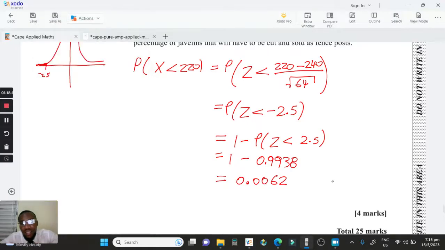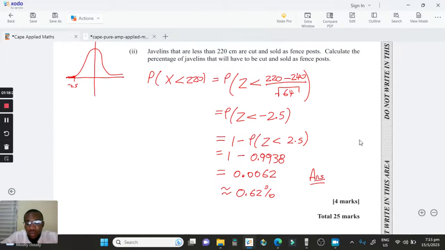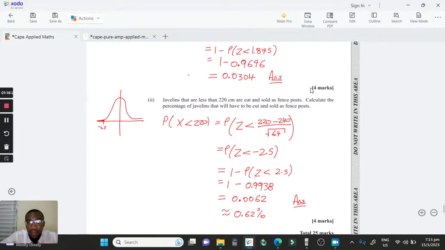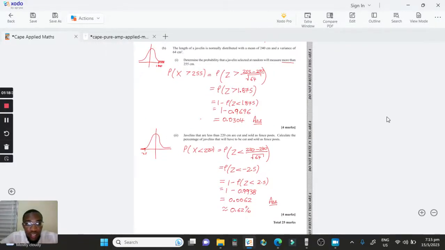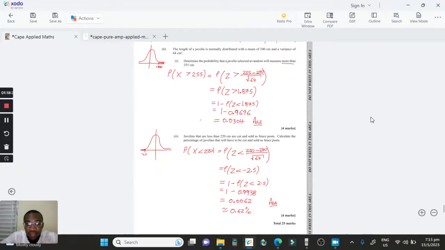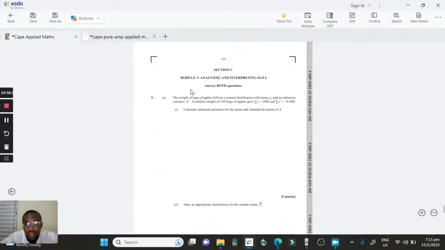Yeah, that's our answer as a decimal. Or some people would approximate it as a percentage and say 0.62%. That's it. So less than 1% is going to get thrown away, no problem. That finishes out question 4. Alright, so it's really not bad so far. It's very easy. Now question 5.